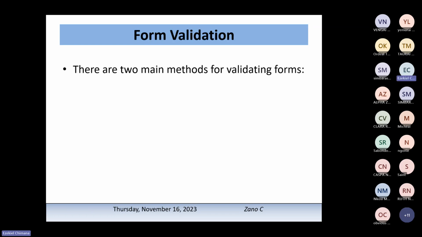So there are two main methods for validating forms. The server side, using CGI scripts, ASP, PHP, etc., which you call the server side. So if it is the server side, you're going to use PHP.